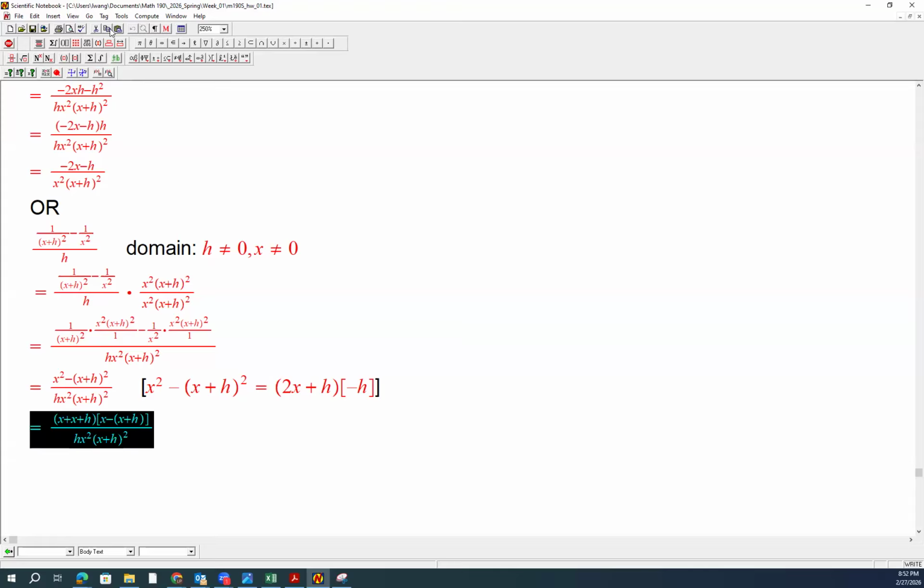This will reduce the amount of work you have to do foiling x plus h squared. And we know that this part is going to be just negative h. And over here, that's going to be 2x. So now this h and that h will reduce.